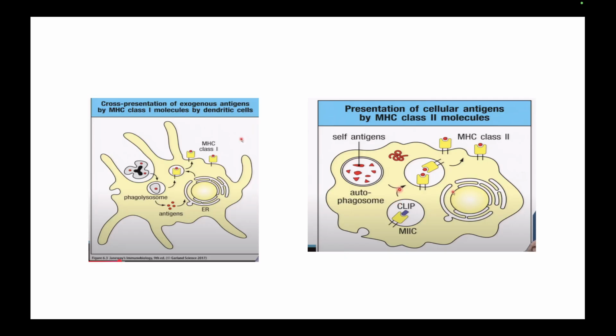Initially, when the MHC is ready, it is bound to another molecule called CLIP. When the two combine, the antigen replaces the CLIP and is loaded on the MHC, and then the MHC goes and is presented on the cell surface.